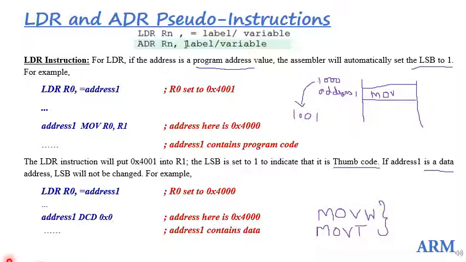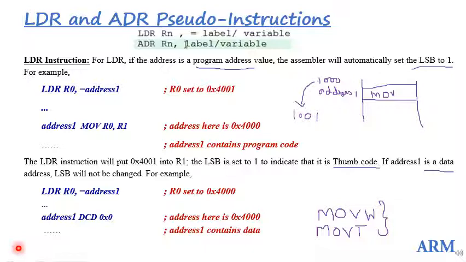That is why the address of the memory locations pointing to the program or instructions should always have that thumb bit as 1. So there is no switching overhead here. That is why, to indicate that, the least significant bit of the addresses will always be 1.